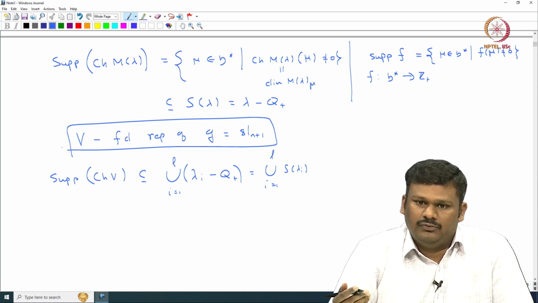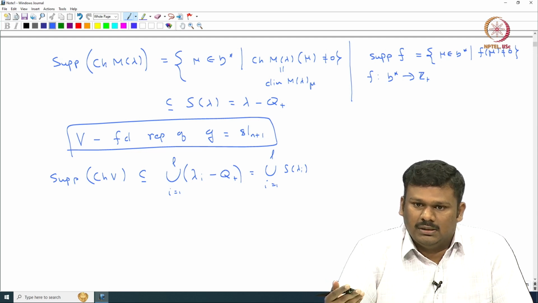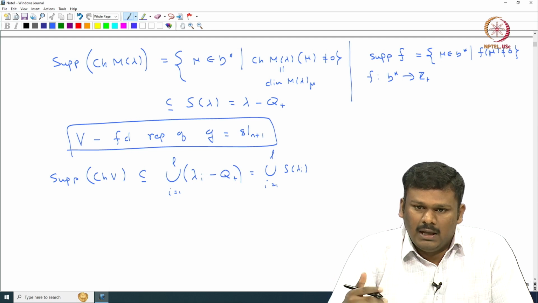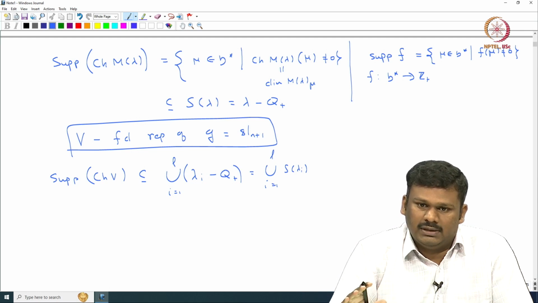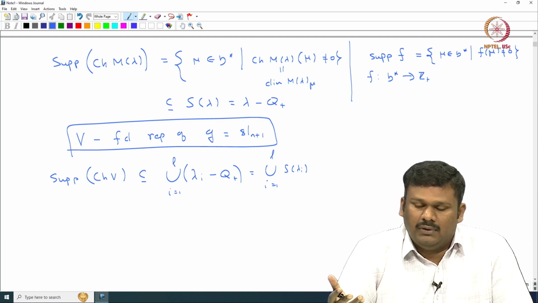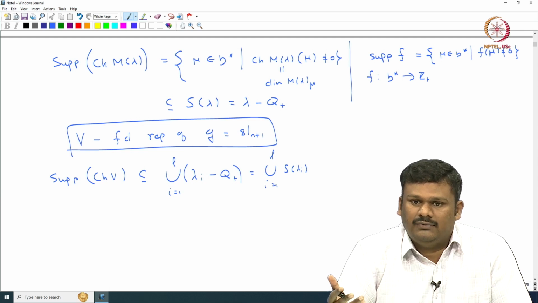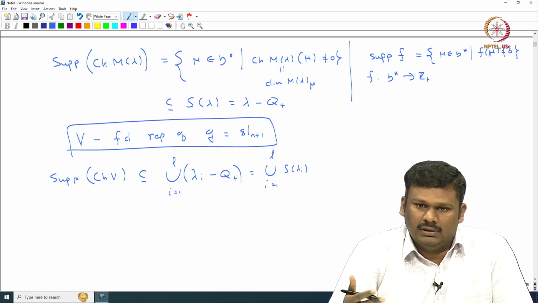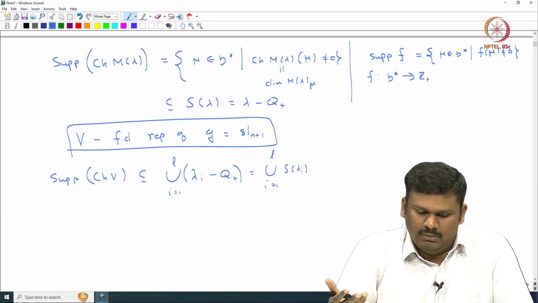Later, if you study representation theory further, like for example the BGG category and so on, that are associated with semi-simple algebras, we will be interested in representations, which could be infinite dimensional, that have some kind of Jordan-Holder series with respect to Verma modules. So, you have a filtration whose successive quotients are isomorphic to Verma modules. In particular, the character of those modules can be written as a finite Z combination of the characters of Verma modules.